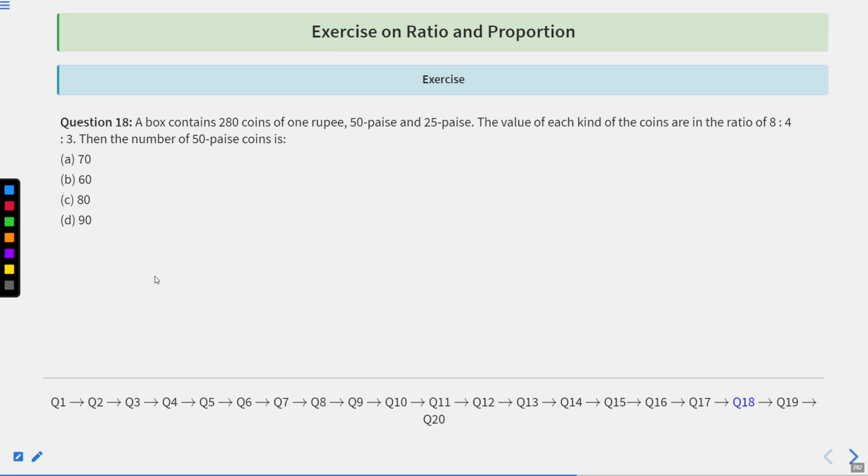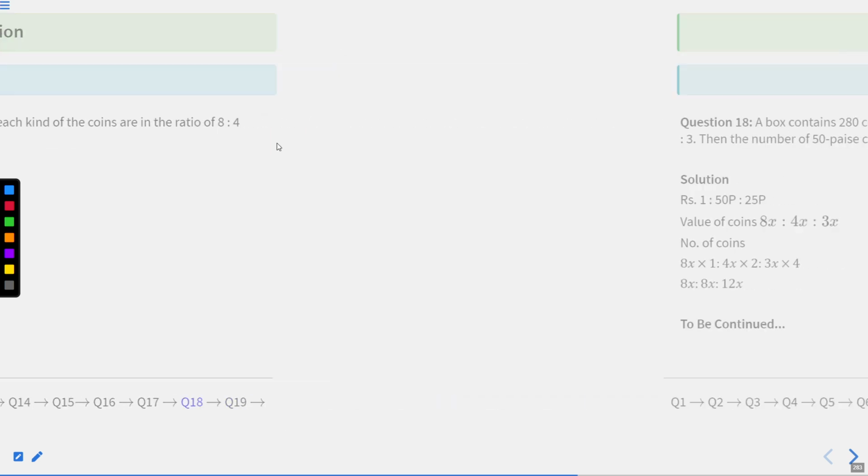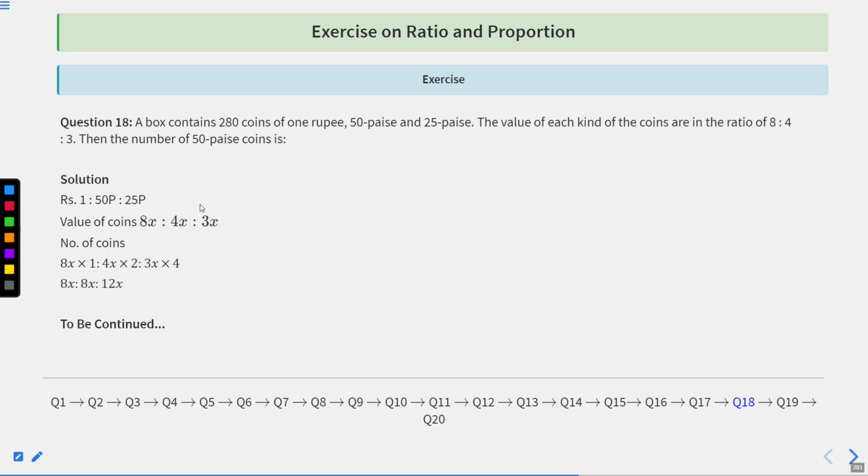A box contains 280 coins of 1 rupee, 50 paisa and 25 paisa. The values of each kind of coin are in ratio 8 is to 4 is to 3. Then the number of 50 paisa coins is? So this is the ratio. The value of coins 8x is to 4x is to 3x.